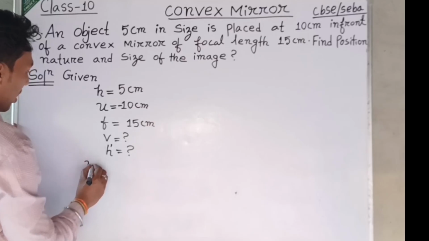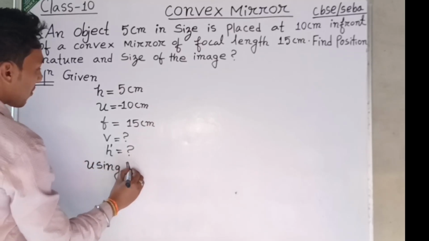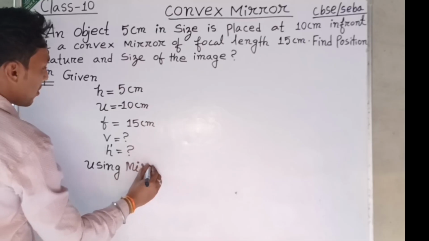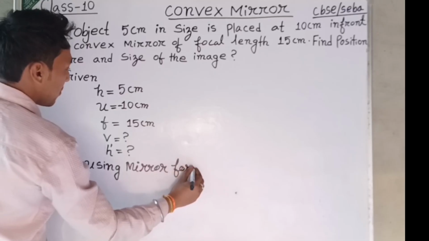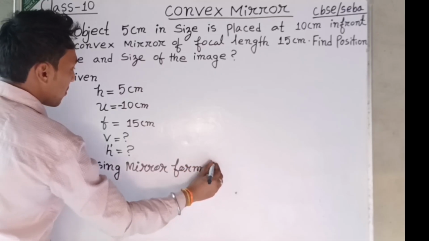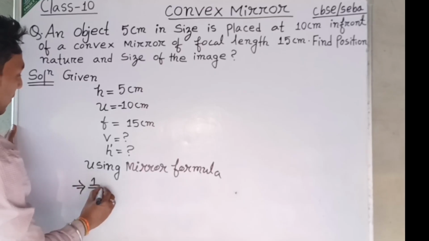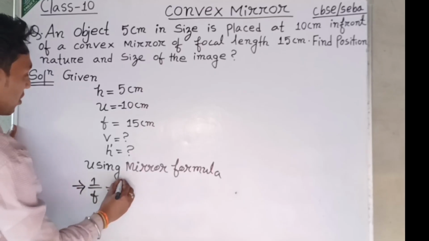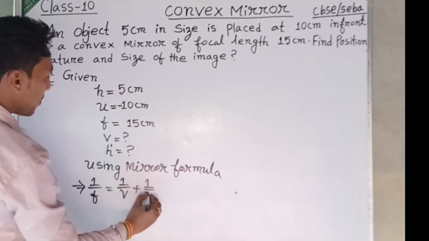Use mirror formula now. Using mirror formula. As we know, mirror formula 1 by f equal to 1 by v plus 1 by u.